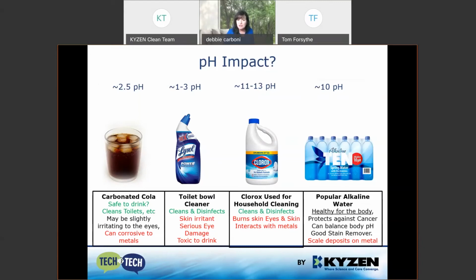Yes, pH is an indicator and can have an impact on humans, the environment, and the cleaning results. But remember, it's not always about the number, but about all those other ingredients and whether or not altogether they are effective and safe. It's true for Coke, it's true for Pepsi, Lysol, and PCB cleaners too.